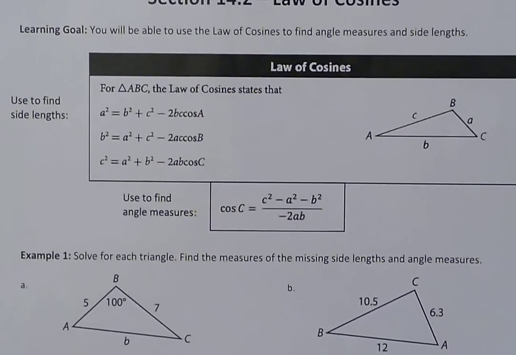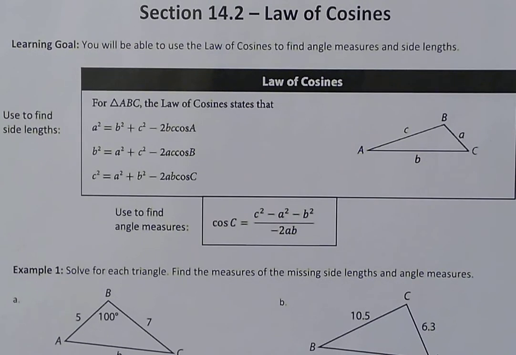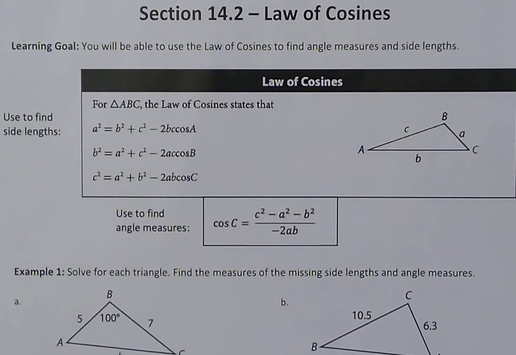I really do highly recommend that you reference the completed notes or come back to the video. Be sure to look at example 1A and B. I know I spent my entire time talking about both parts A and B, but those are the two examples you need to guide you through your homework.